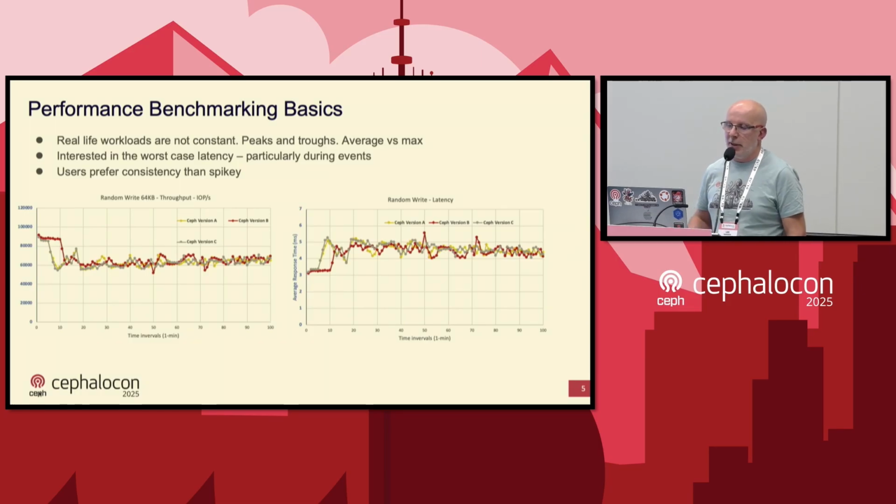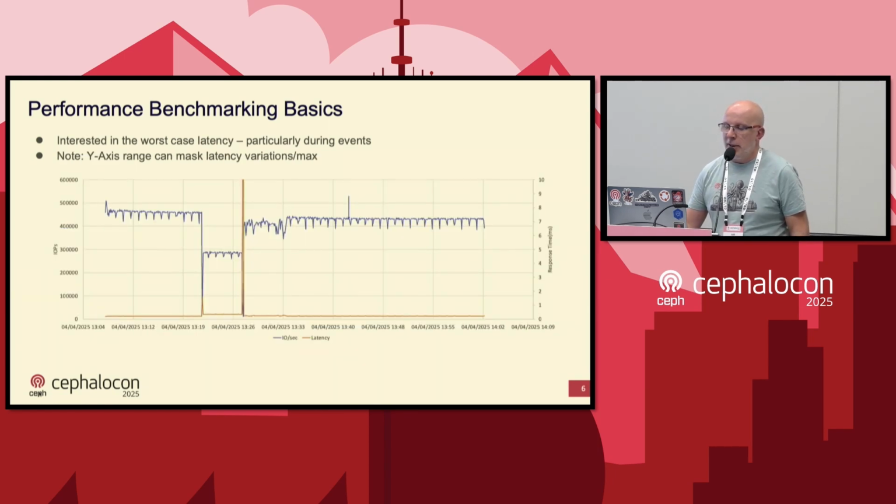And as I mentioned, users prefer consistency over a spiky workload. Such as on this chart, where you can see some kind of event about a third of the way through, such as an OSD or maybe a node reset, and there's quite a large latency spike. But understanding these variations is extremely important.